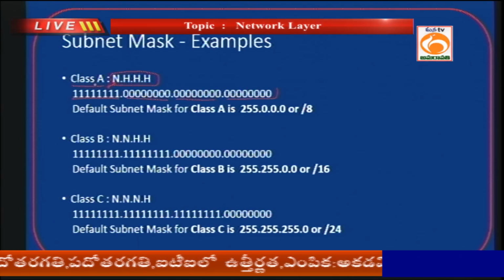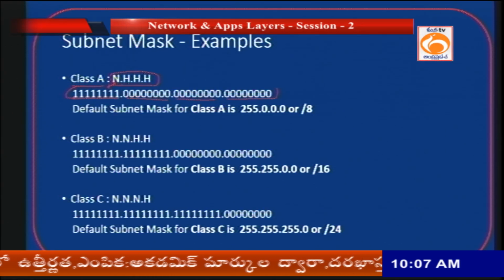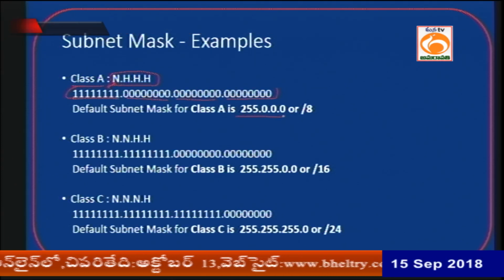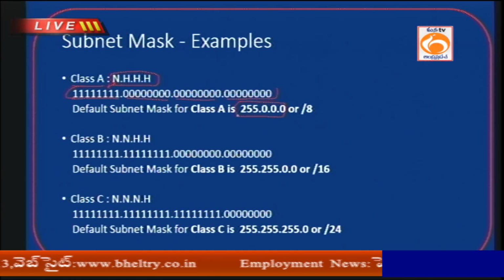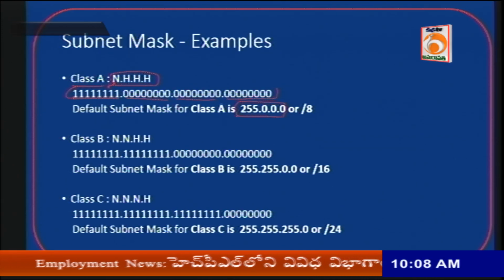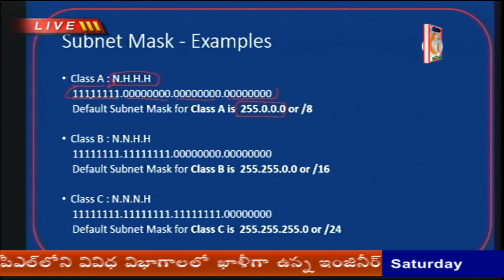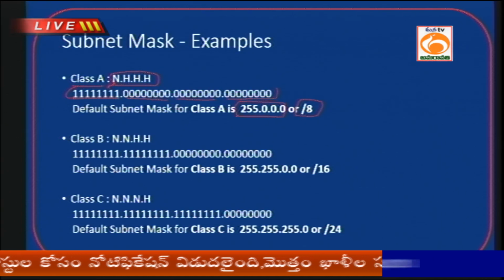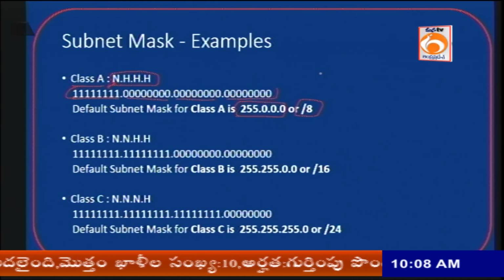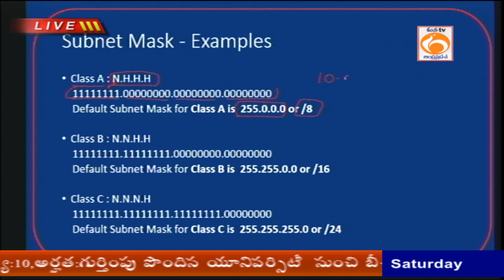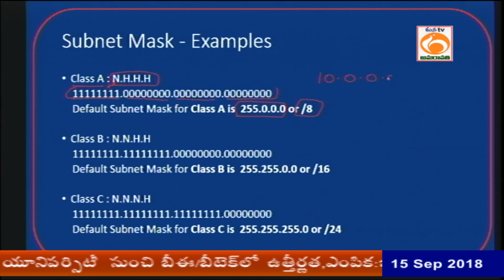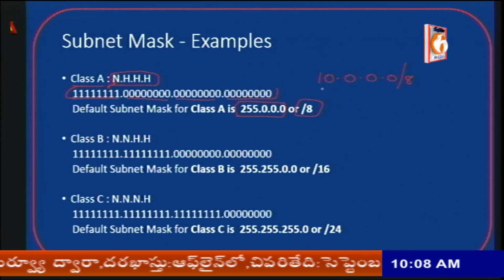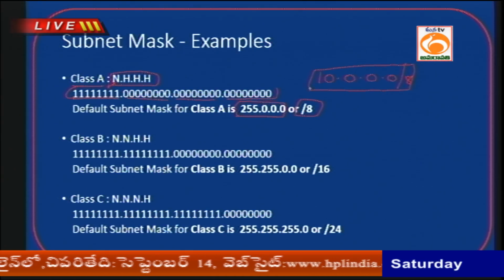This is the default subnet mask, and when we convert it from binary to decimal, we get 255.0.0.0. Since 8 bits are used as the network portion, we can also represent the subnet mask in slash notation as /8 for class A. So, in short, if we represent an IP address in class A including the network portion, we write it as 10.0.0.0/8.